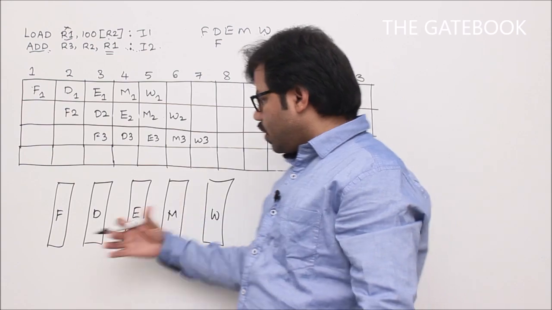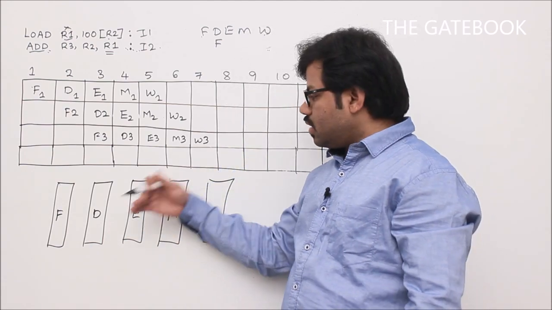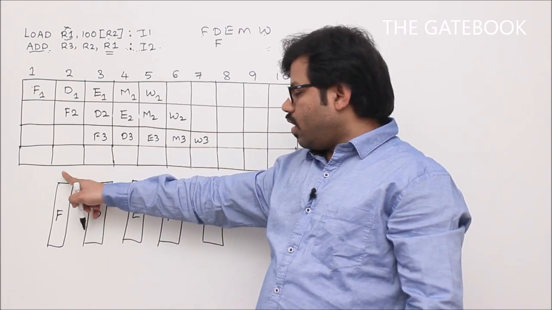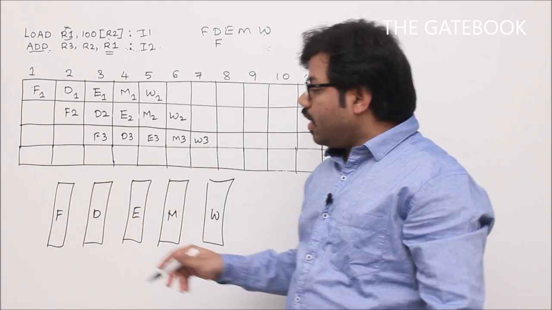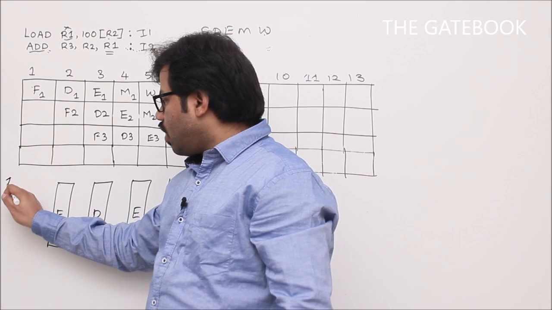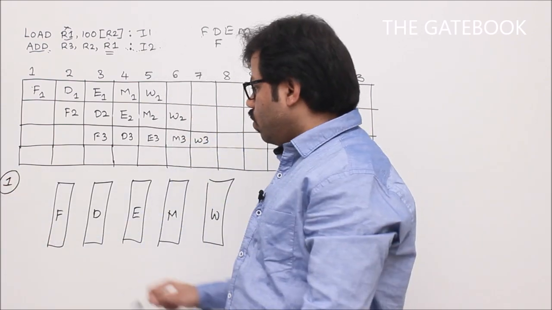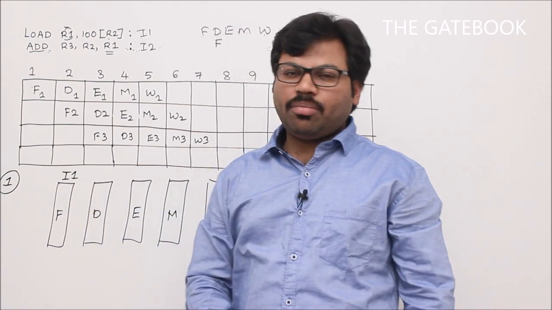These are the fixed circuitry. The only thing varying is the instructions which are to be executed, correct? Sometimes the first instruction will be fetched, after that the instruction will be decoded, in that way. Let us understand the details with the clock cycles. At the first clock cycle, what is going to happen is I1 will be fetched, correct? So there will not be any problem for you.